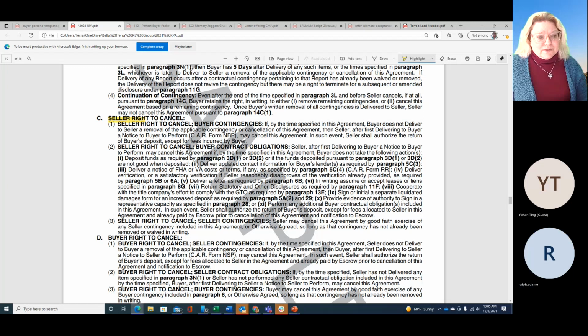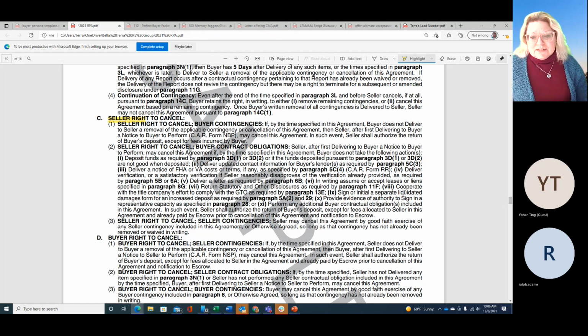Number 7, cooperate with the title company's effort to comply with the GTO. We talked about that yesterday. GTO being the geographic targeting. They're trying to make sure that if the people are paying cash for the house and it's over $300,000, that they have complied with that targeting order.